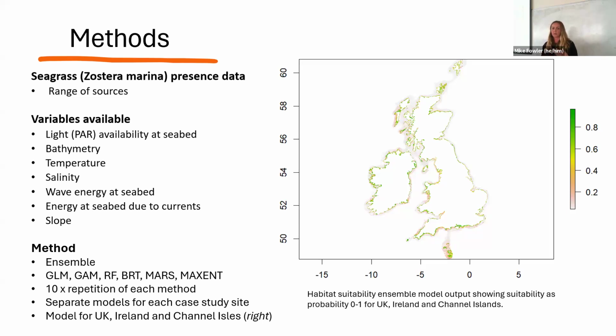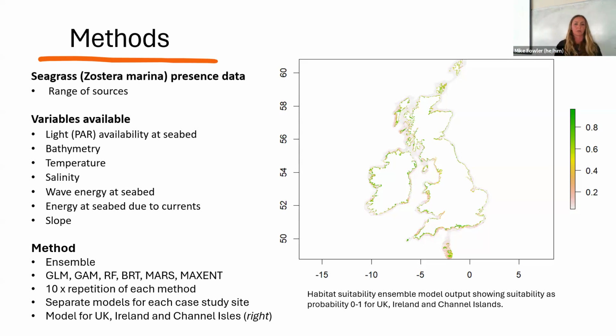Then the ensemble will take an average of all of those different algorithm outputs, and for each of those 10 repetitions. You're able to look at the separate model outputs as well if you want to dive a bit further into it and see which model methods are performing better than others, which is what I'll show you in a moment.